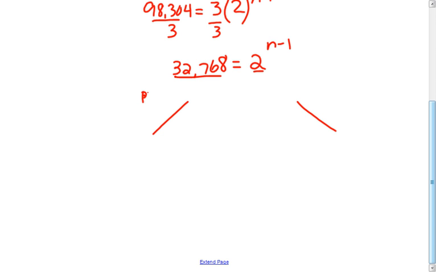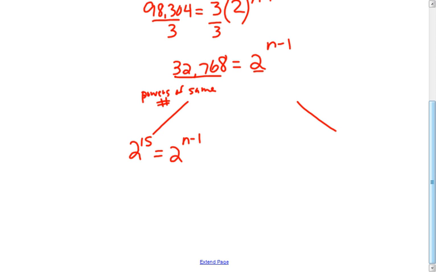Powers of the same base, or powers of the same number. And you kind of have to guess. So I know that 32,768 is 2 to the something power. So I'm just going to start plugging numbers into my calculator. Is it 2 to the 5th? Is it 2 to the 6th? Is it 2 to the 7th? And you just kind of have to guess. And 32,768 is 2 to the 15th power.